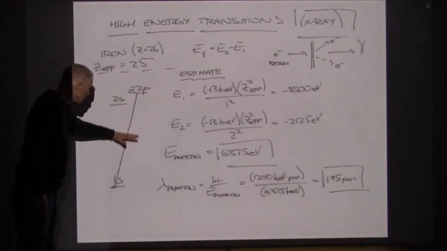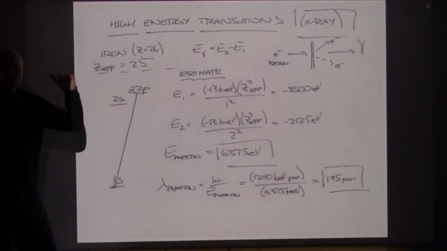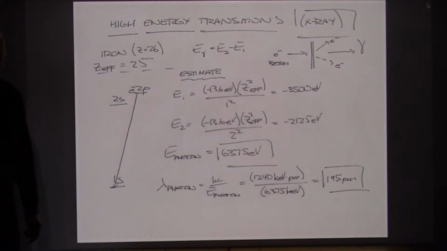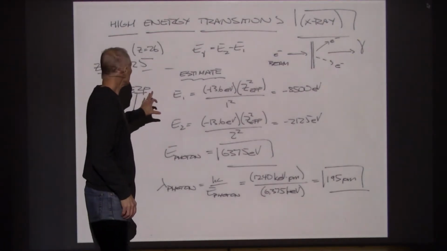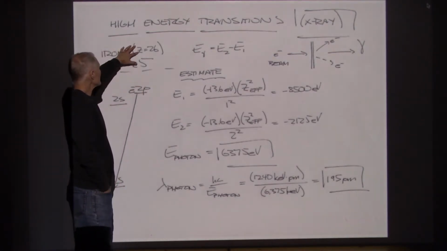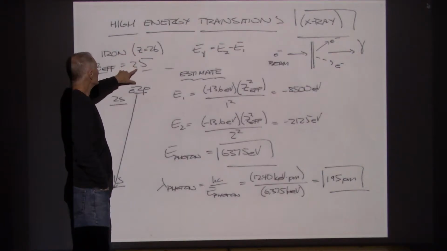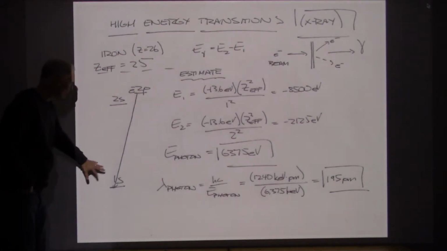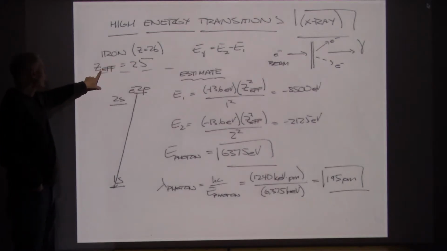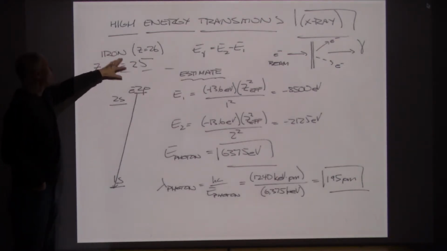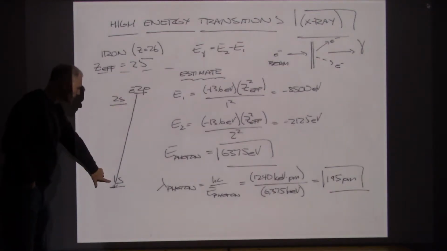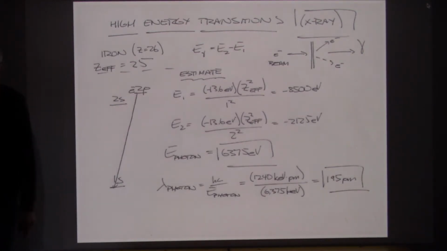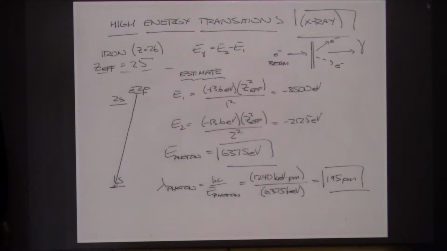Pretty quickly, other electrons from above come and fill in those vacancies. So what we can do is we can take the 26, the Z for the iron, subtract off 1, and get 25. Now, the argument for creating a Z effective, that is 1 below the actual Z, is that when 1 electron is removed, 1 electron remains.